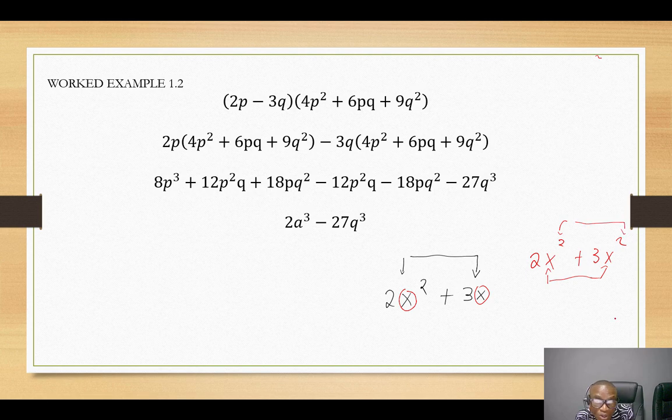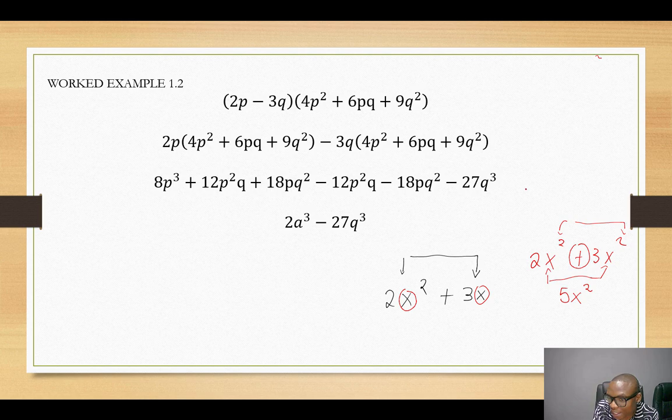So what do we do? We add. I'm not saying like terms should always be added. Don't get me wrong. You have to check the operation. You have to check the sign. The sign says add, so you add your like terms. It becomes 5x squared.